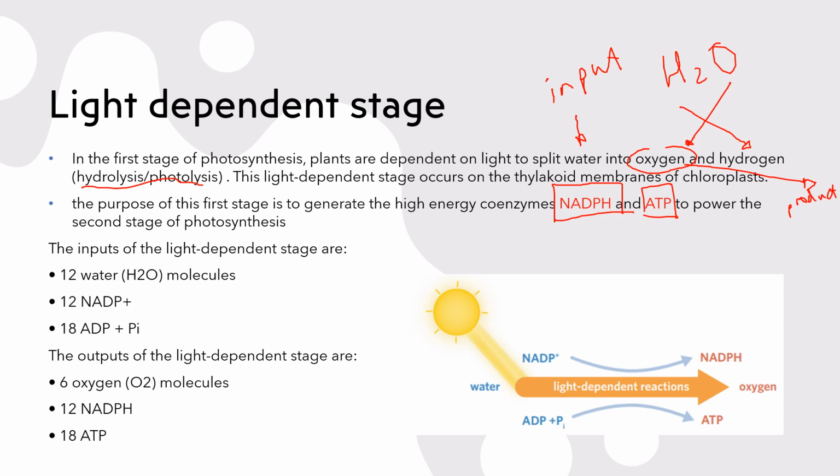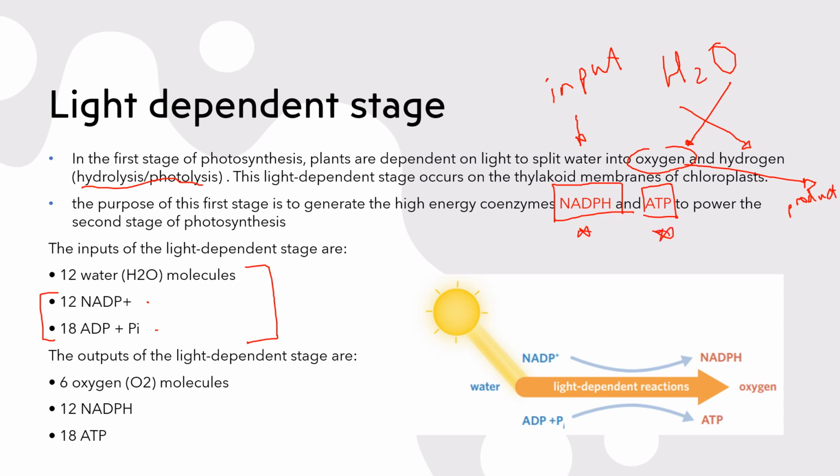So the main inputs of the light-dependent stage are, so water, we know. We know that from our main chemical reaction. But there are also these two things that are important not to forget. Water is obviously an input, split by light into oxygen and hydrogen. But these two inputs are really important. These are the unloaded versions of our coenzymes.